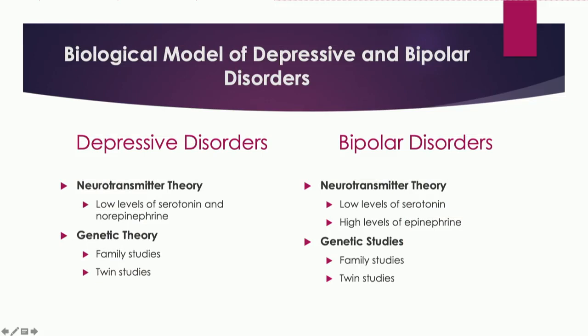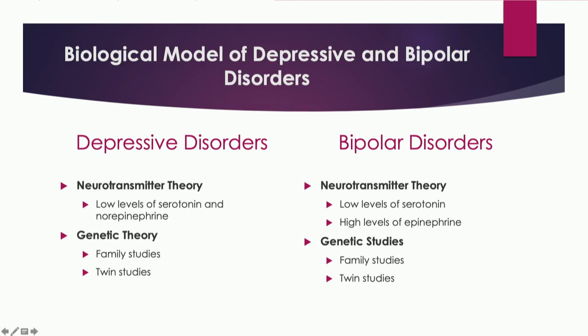There's a large research base suggesting that depression is caused by low levels of two specific neurotransmitters, serotonin and norepinephrine. This connection was discovered by accident in the 1950s, when scientists observed that certain medications used to treat high blood pressure caused depressive symptoms in the people who took them. These medications, in addition to lowering blood pressure, suppressed serotonin and norepinephrine activity in the brain.